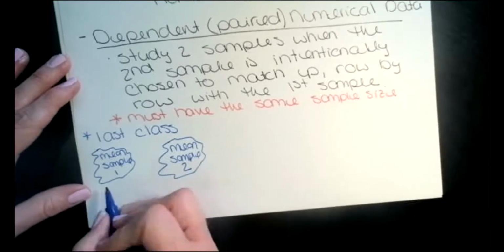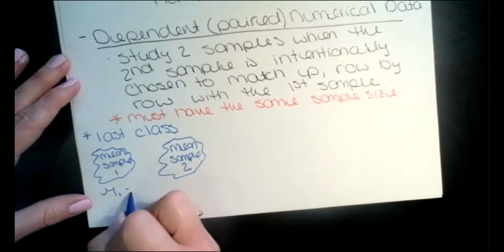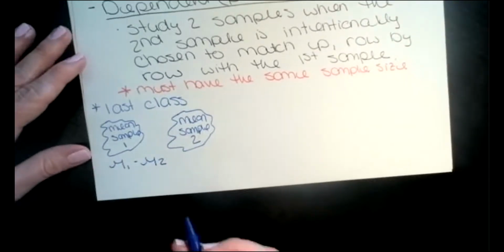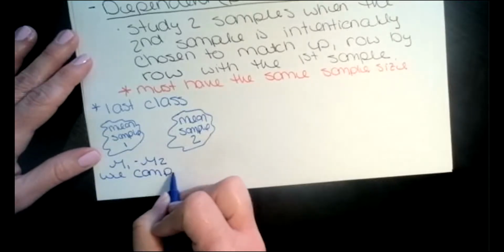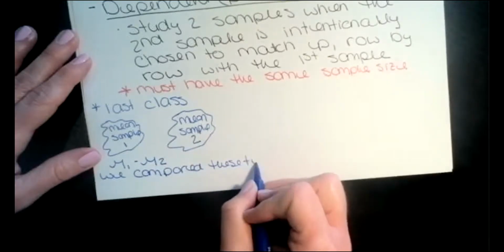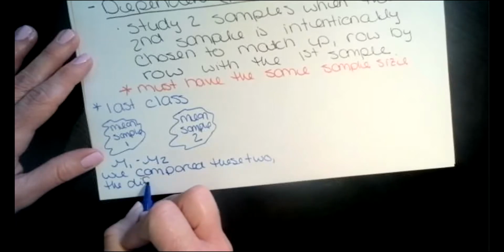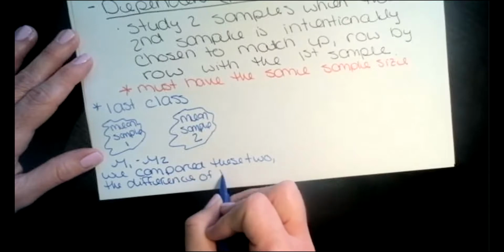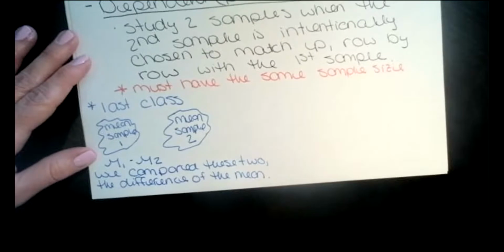And what we did was we compared the difference. We wanted to see if there was a difference. So we had mu1 minus mu2. So we compared these two means, and we looked at the difference of the means, right? We looked at the difference between those two means.